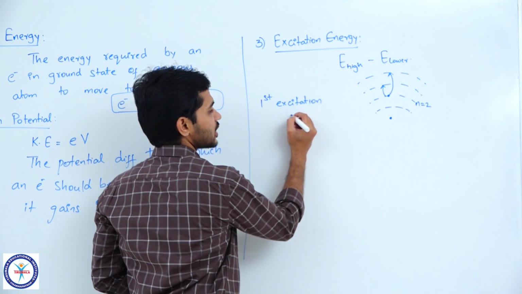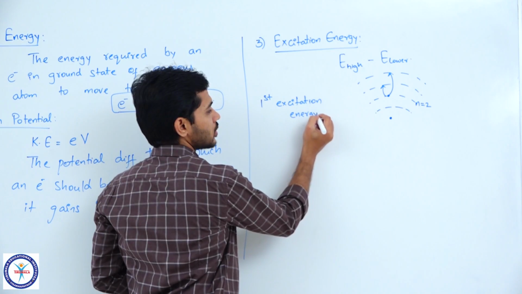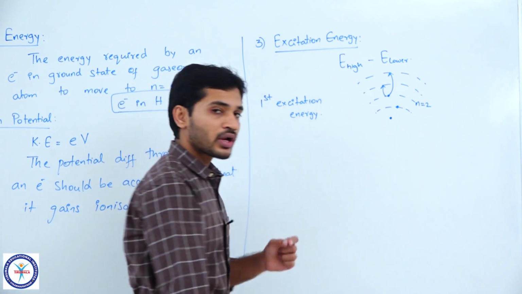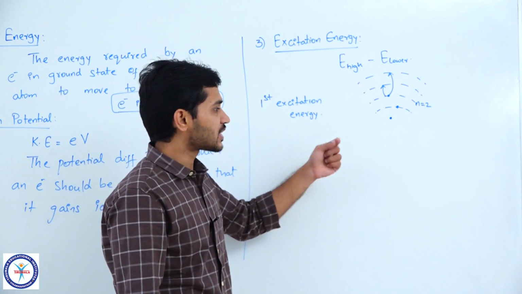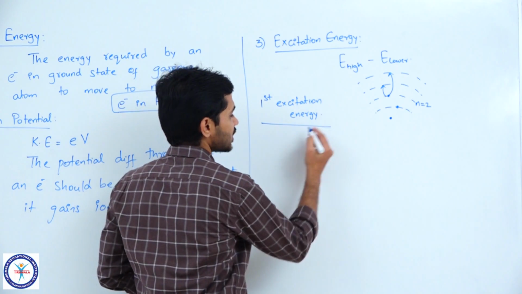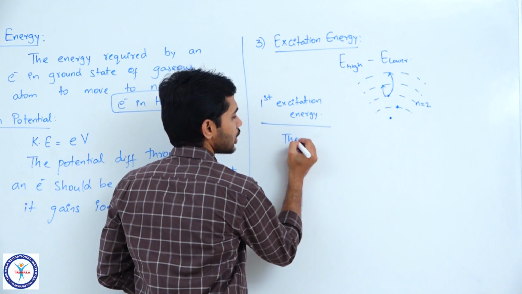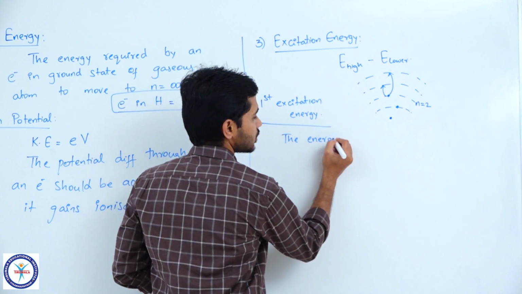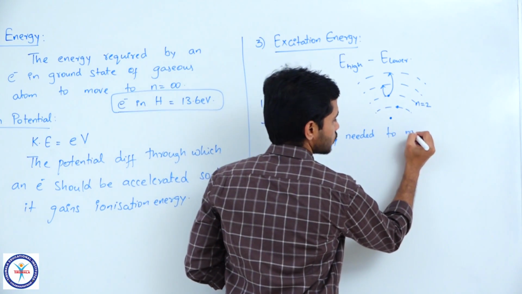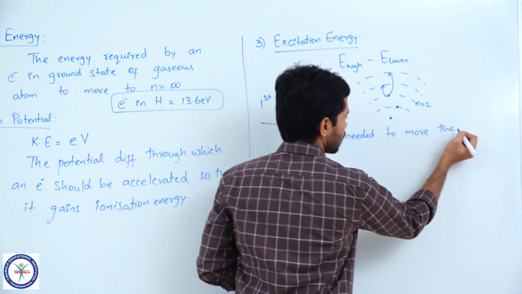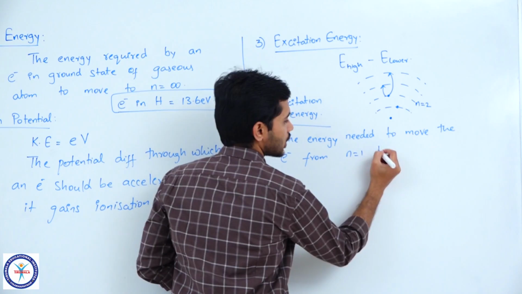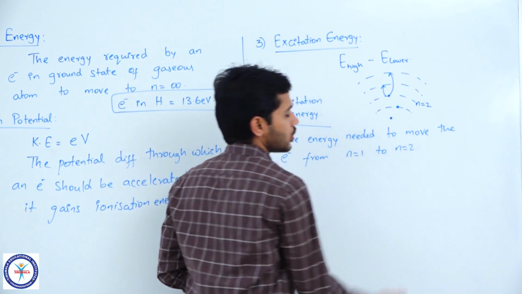So, for example, for an electron in the ground state, first excitation energy means 1 to 2. First excitation energy is basically the energy needed to move the electron from n equal to 1 to n equal to 2.